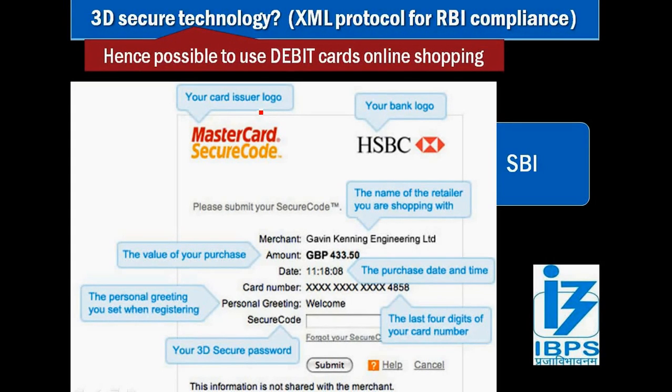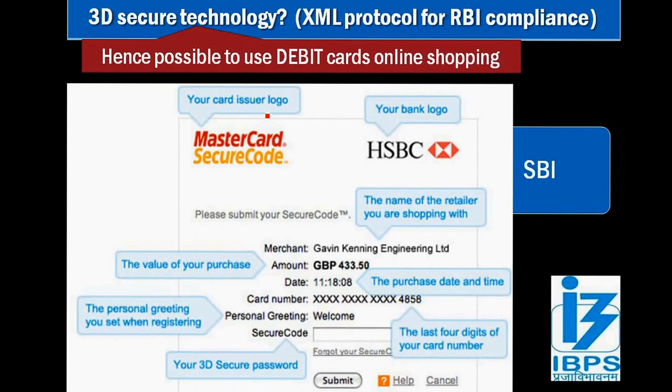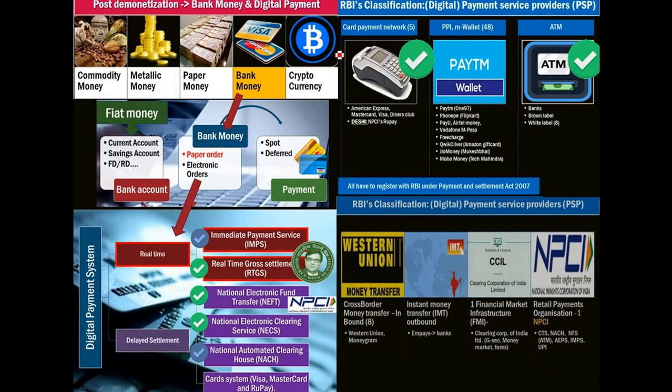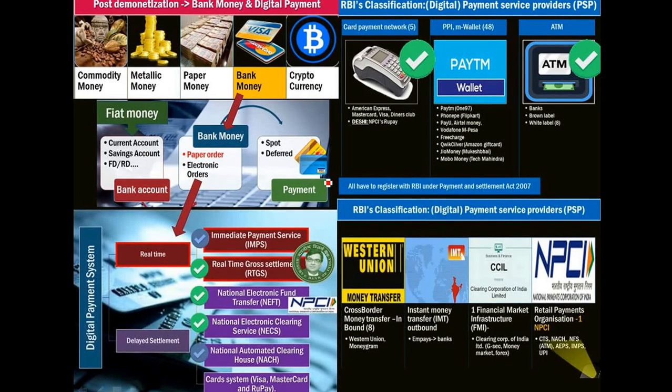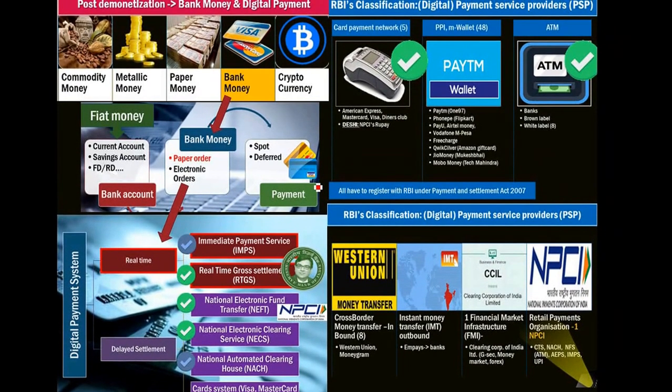Two, NFC device can be used at a distance of even a meter. Not so, it can be used at only a few centimeters. Three, NFC can use encryption while sending sensitive information. Yes, of course. So statement 2 is wrong, and the correct answer is 1 and 3 only.